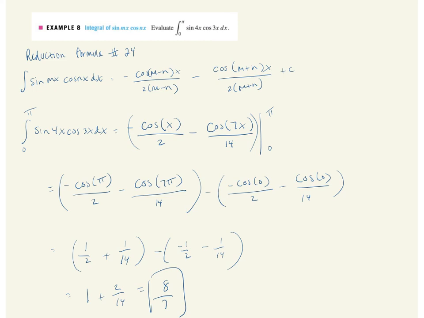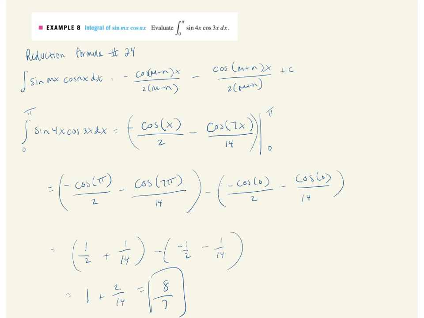negative cosine of 4 minus 1x over 2 times 4 minus, I'm sorry, let me back up. I should have said negative cosine of 4 minus 3, which is 1x, over 2 times 4 minus 3, so I just have a 2, minus cosine of 4 plus 3x, so 7x, divided by 2 times 4 plus 3, or 14, all from 0 to pi.